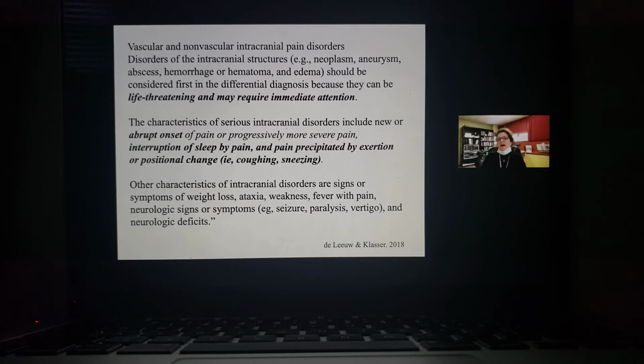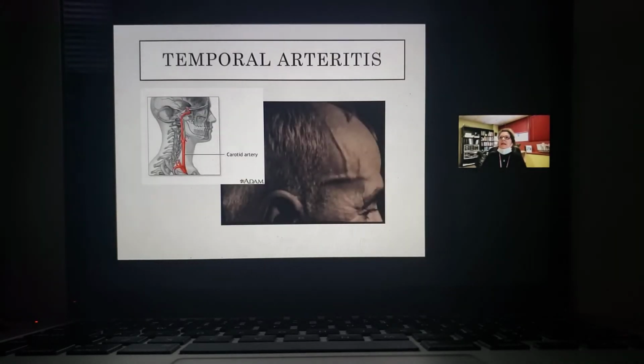Among these vascular conditions that can be intracranial or extracranial, we have one that is called temporal arteritis. Again, the prevalence is not that high, but it's very, very important that I want you to remember.